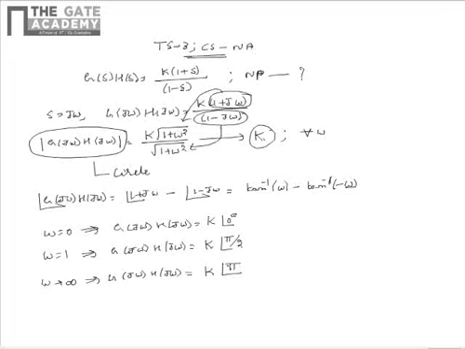So from this we see that as ω is varied from 0+ to infinity+, the G(jω)H(jω) plot varies between K at a phase of 0 to K at a phase of π.